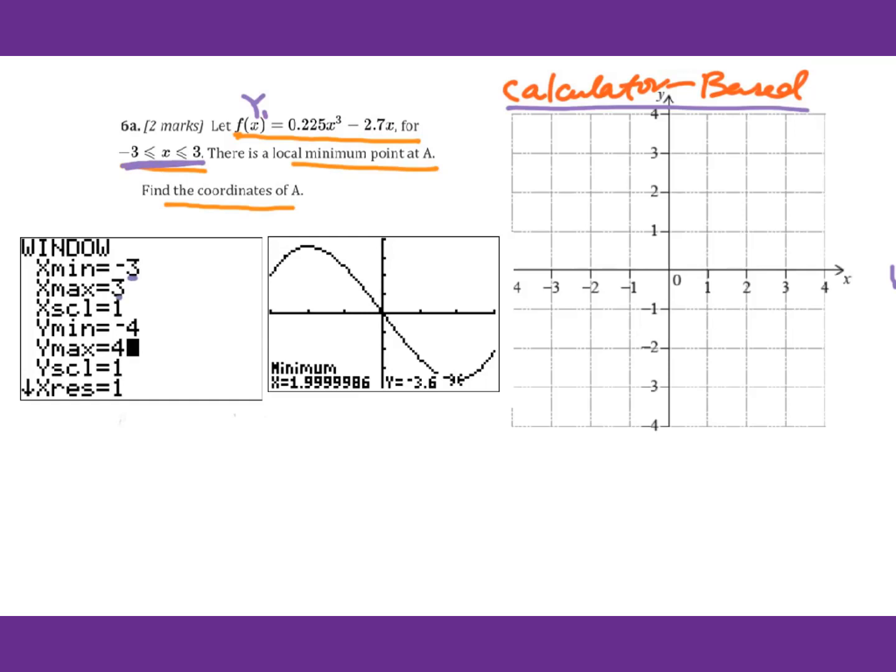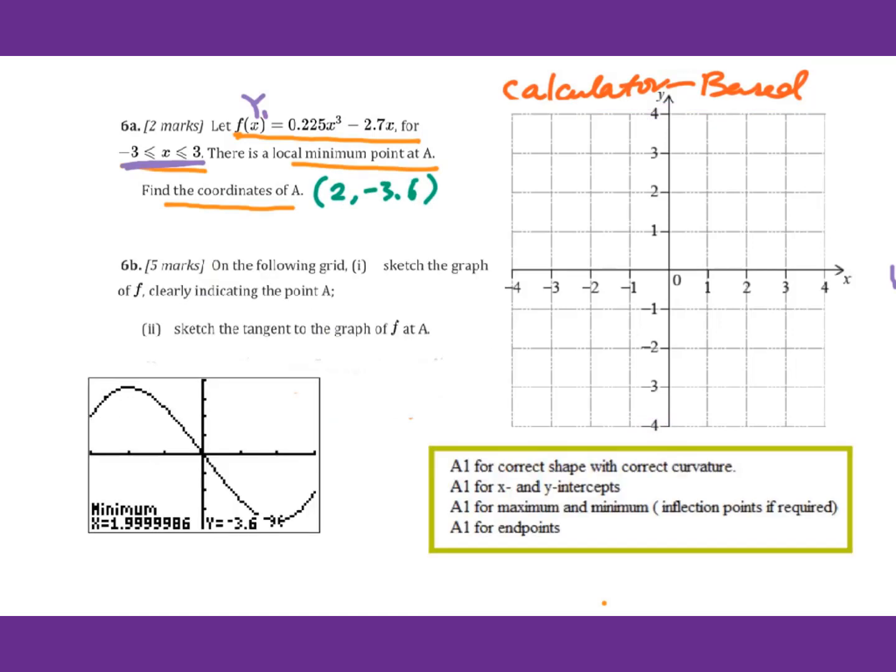For y, I just use from -4 to 4. Then you will get this graph. Using the graphing calculator, when you have 1.999..., that will be 2. So 2, -3.6.